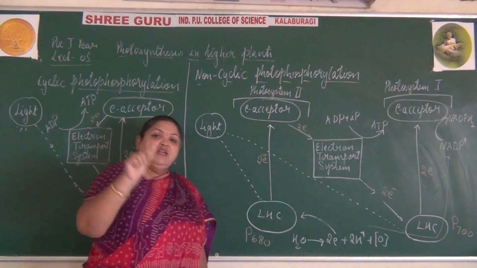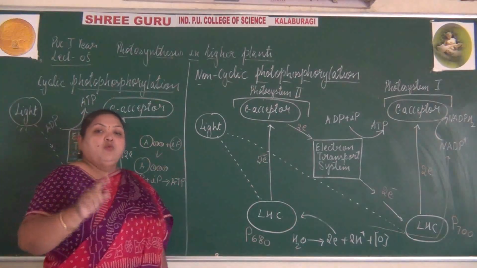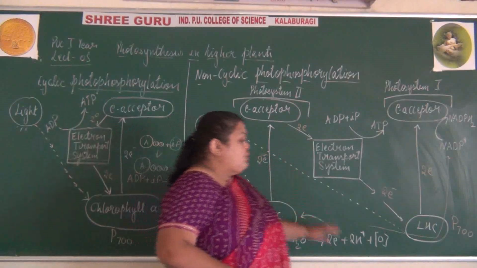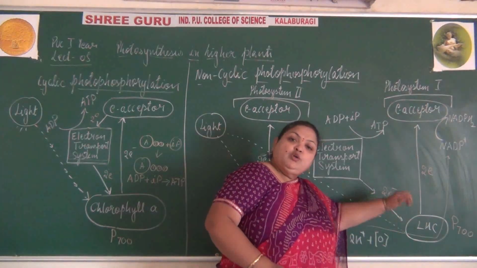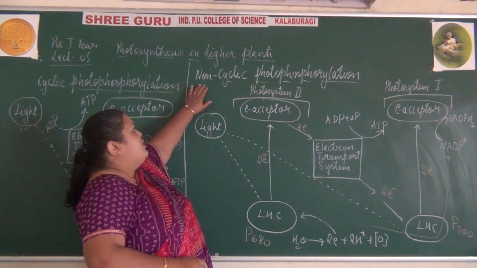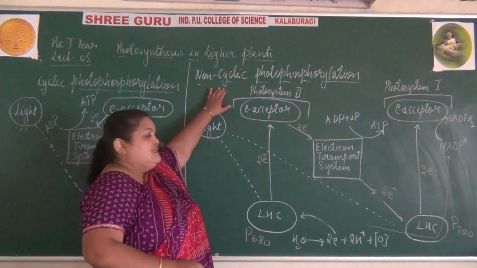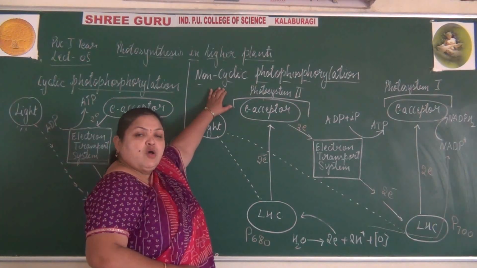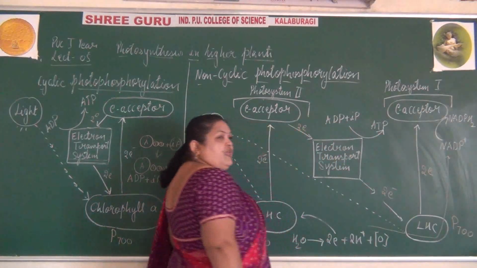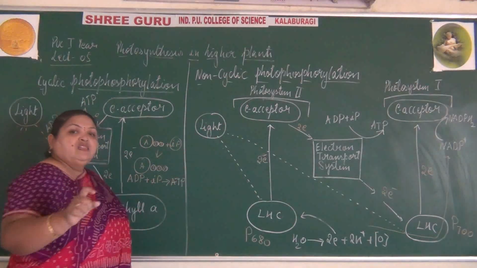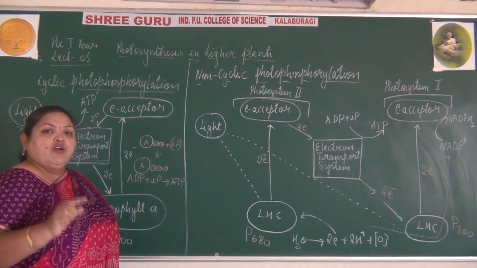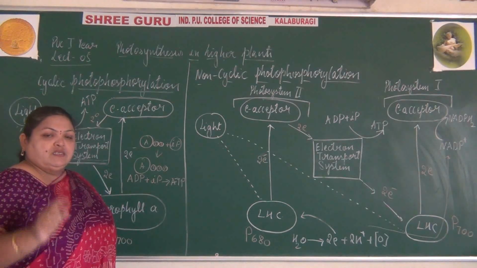So there is unidirectional movement of electrons, and the electrons that are released do not reach back to the photosystem. So this process is called non-cyclic. But there is synthesis of these two components, ATP and NADPH2. So overall, one molecule of ATP and one molecule of NADPH2 are synthesized.